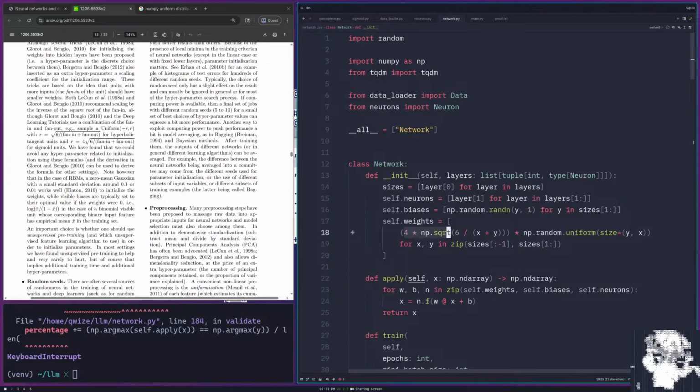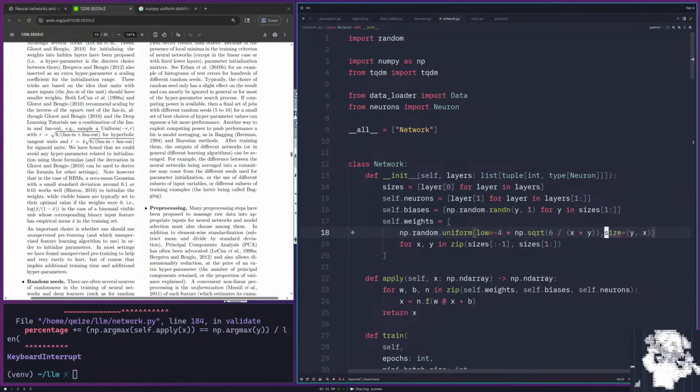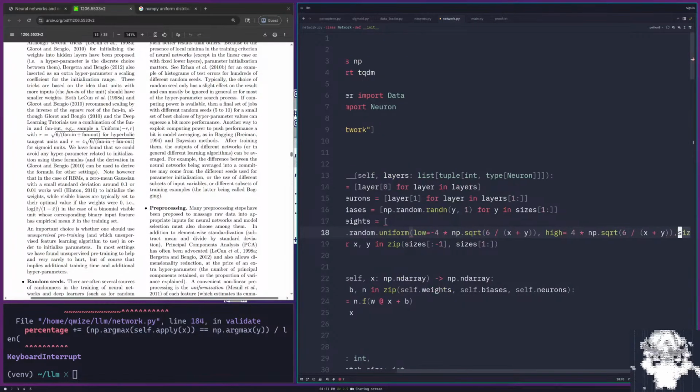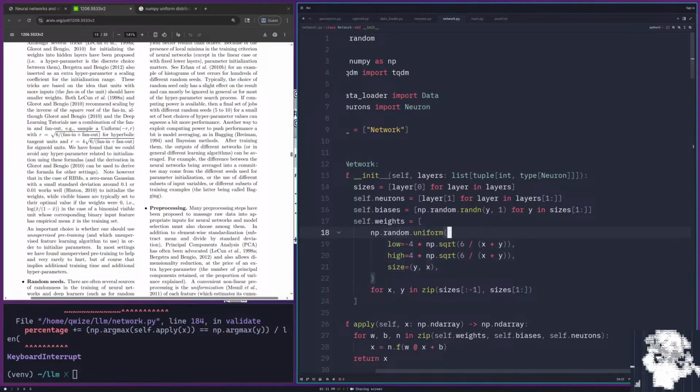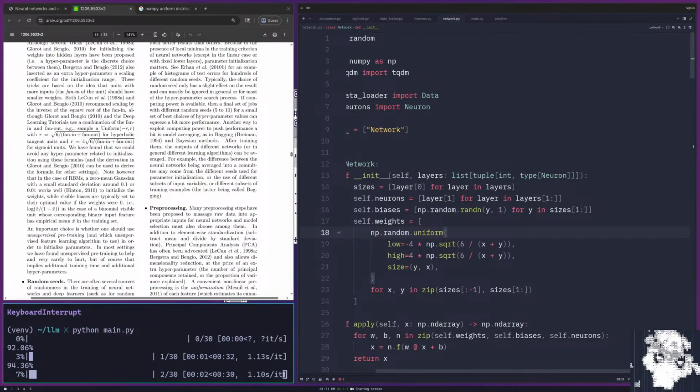So why don't I say... this is going to look stupid, but it goes low equals negative this, high equals this. 92.